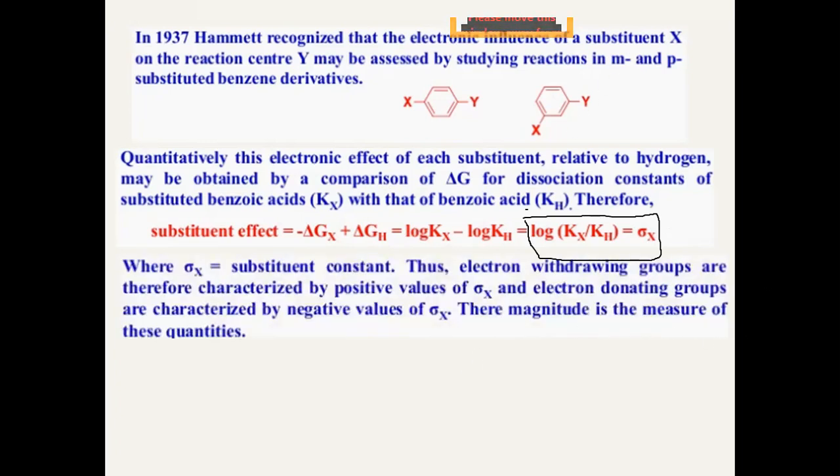See, what is sigma x? It is called the substituent constant or directly the Hammett constant. Remember, this sigma x is nothing but the substituent constant, or we can say the Hammett constant.